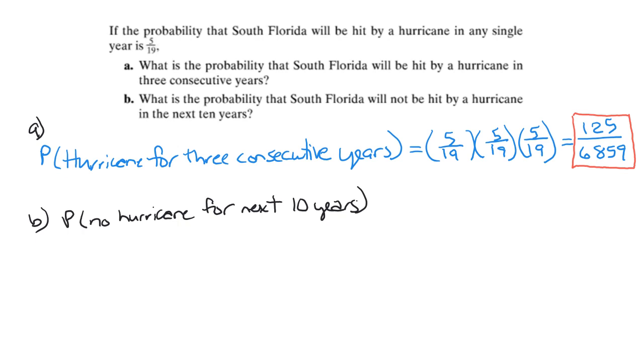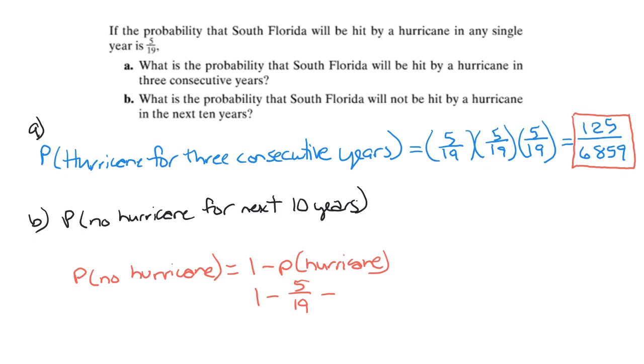All right, so first of all, we need to find the probability of no hurricane. And this can be found by taking 1 minus the probability of a hurricane. So I have 1 minus 5/19, which will give me 14/19.